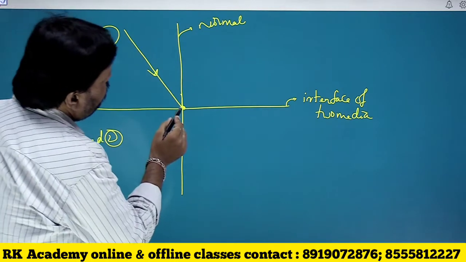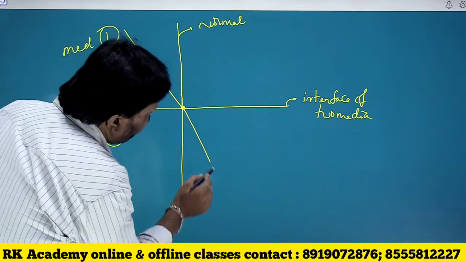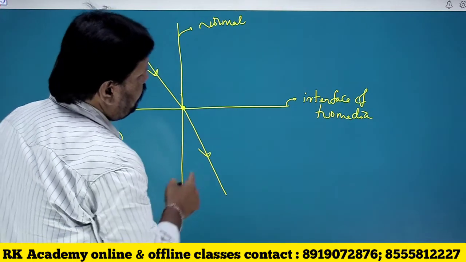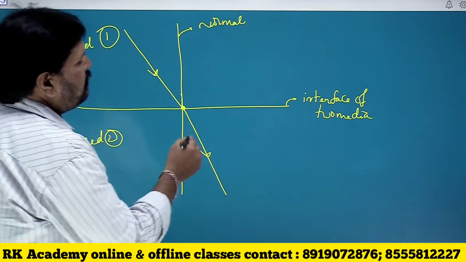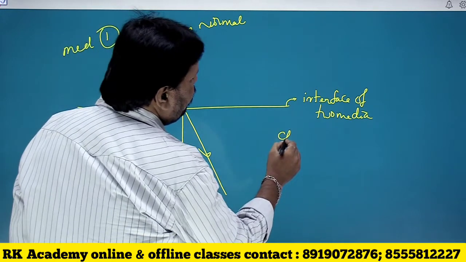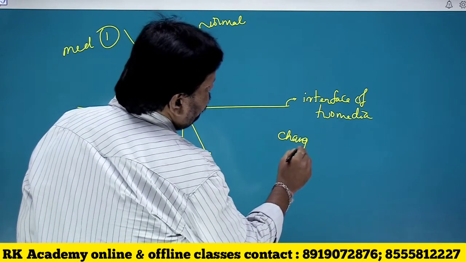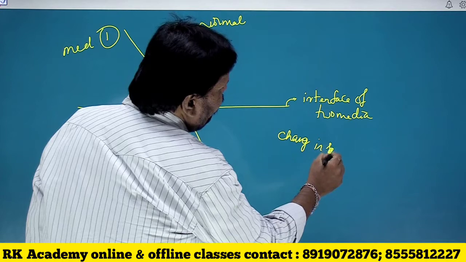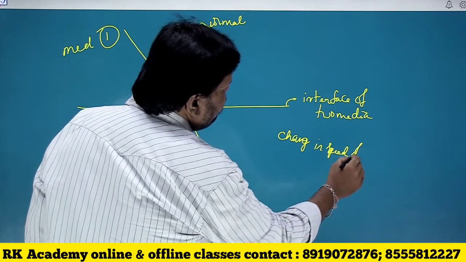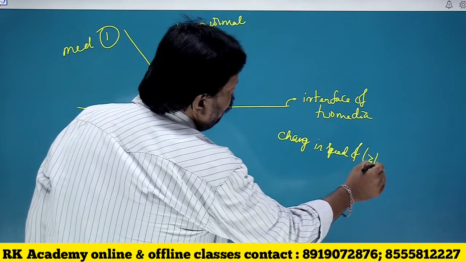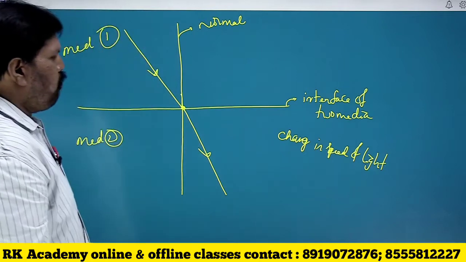And this ray will bend and travel. The reason for bending is the change in speed of light as it enters from one medium to another medium.